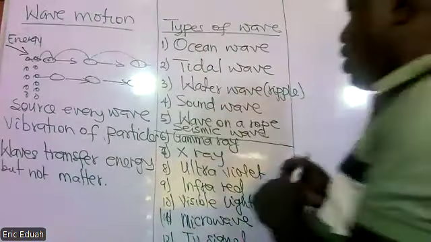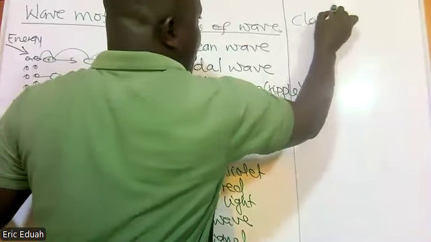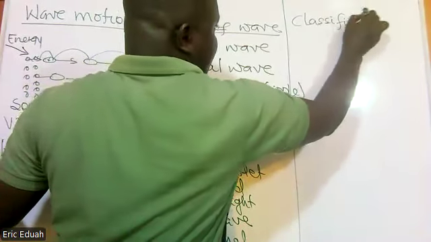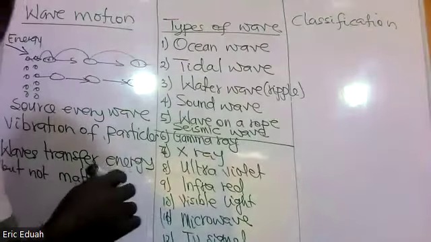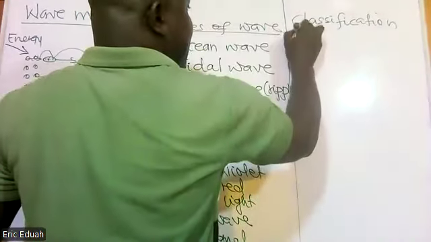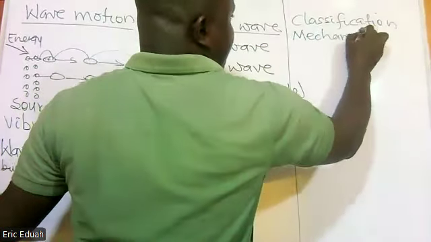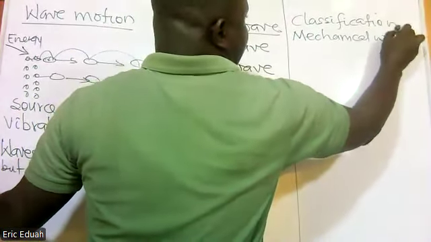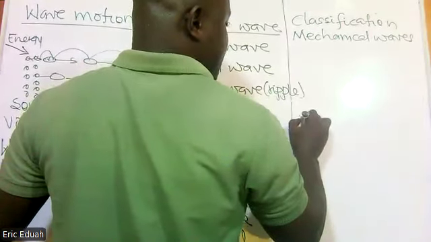Okay, so under this classification, we put waves under two main umbrellas. That is mechanical waves and electromagnetic waves.